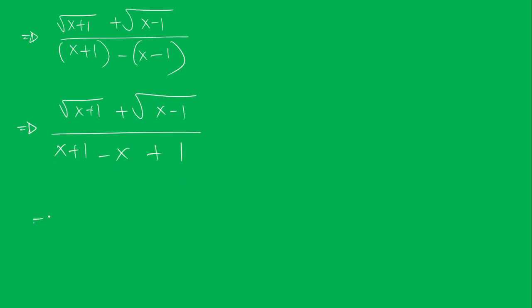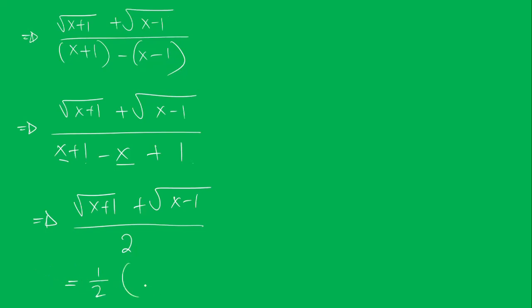So you have the square root of x plus 1 plus the square root of x minus 1 divided by this. We cancel out this. You now have 1 plus 1, which is 2. So the final answer is half, bracket open, the square root of x plus 1 plus the square root of x minus 1.